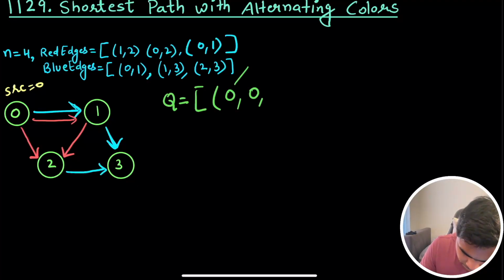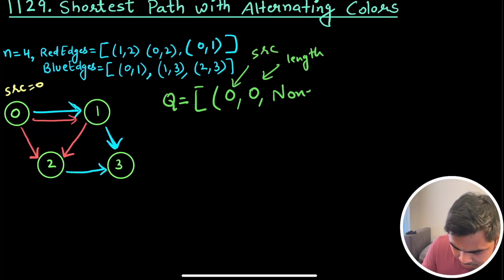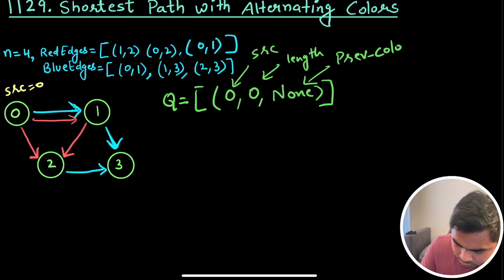So this is the source, this is the length, and here we will initially have none. Let me tell you what this none is: this is the previous color. All right, and then we're going to have a visited set right here.